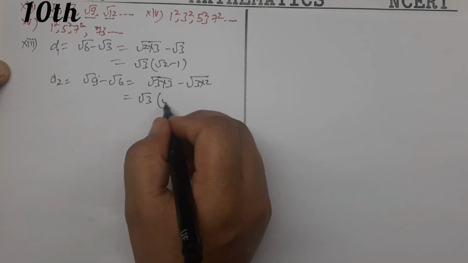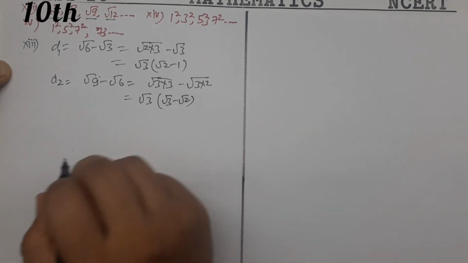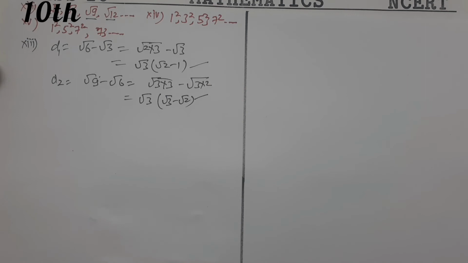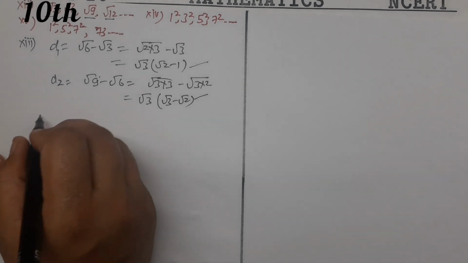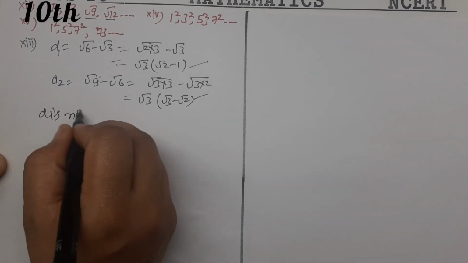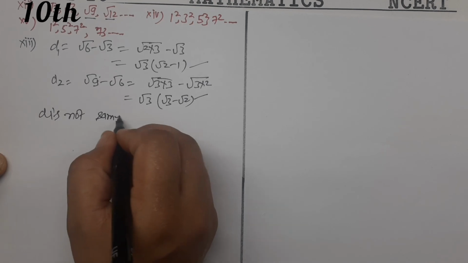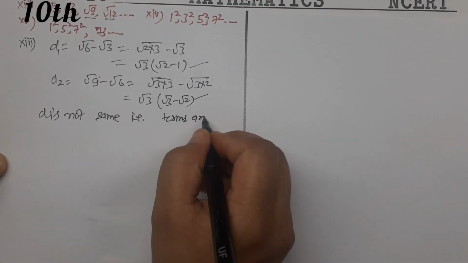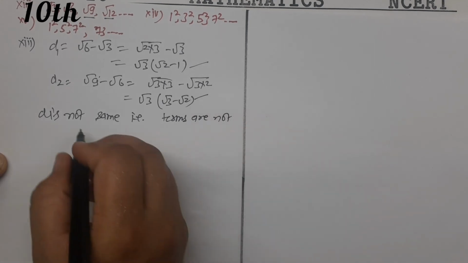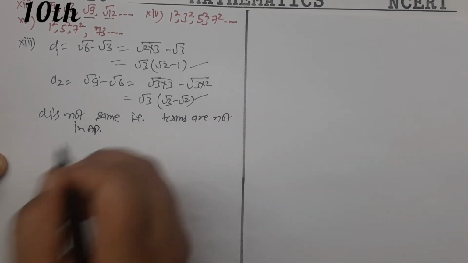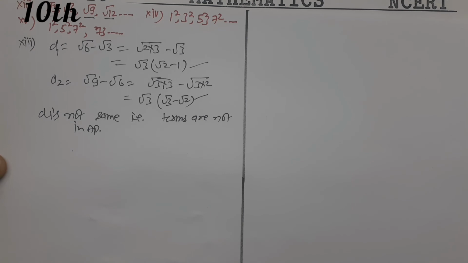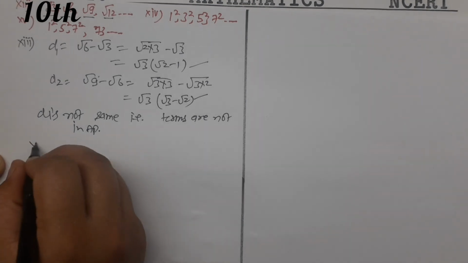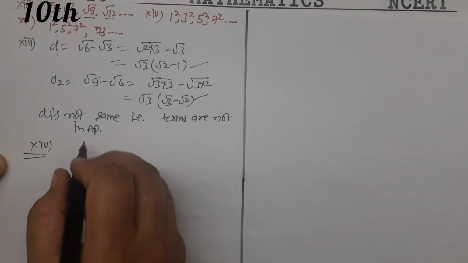Take common root 3. Remaining part. d is not the same. That is why the terms are not in AP.